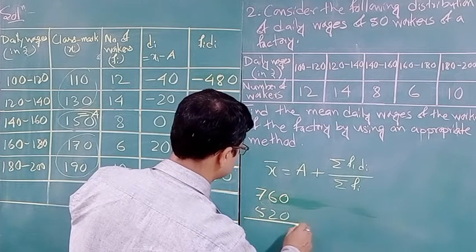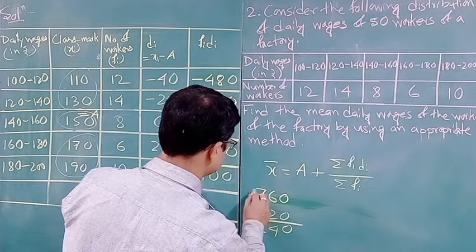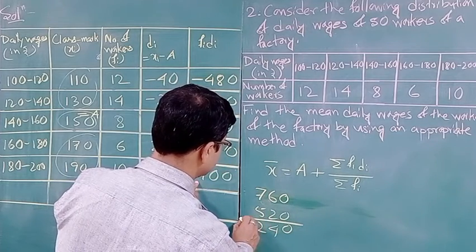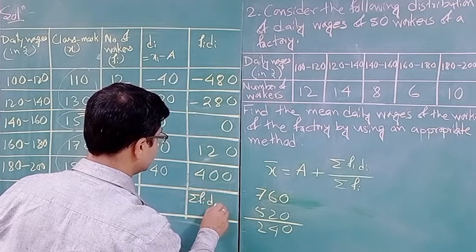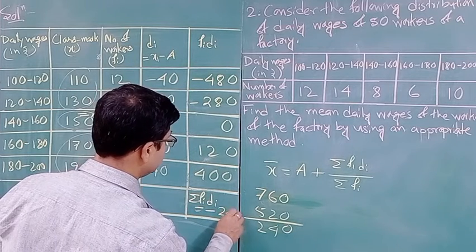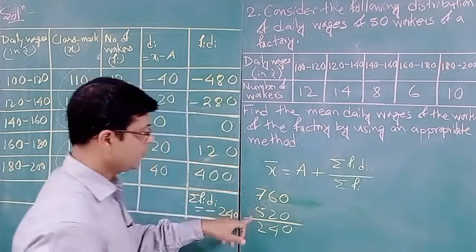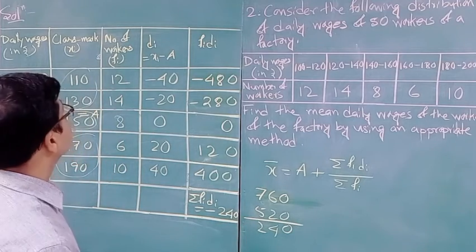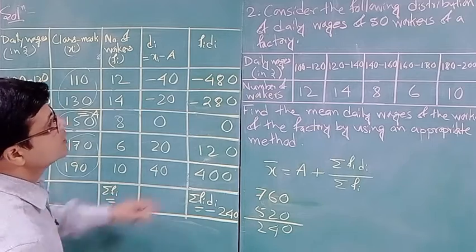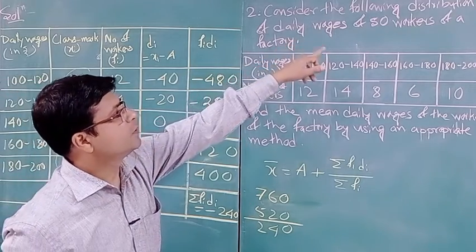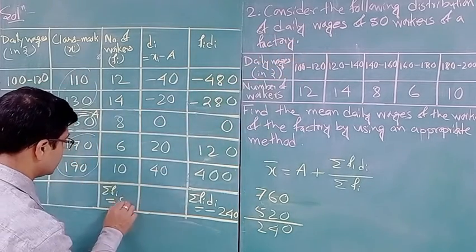So let us subtract. As it is negative, their difference is minus 240. So summation of fi di is equal to minus 240. This is bigger, that's why minus 240. Then summation of fi is given in the question: daily wages of 50 workers, so it is 50.